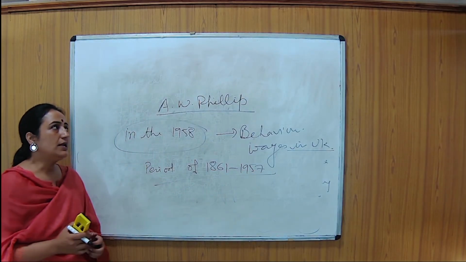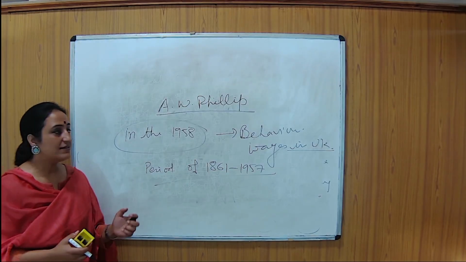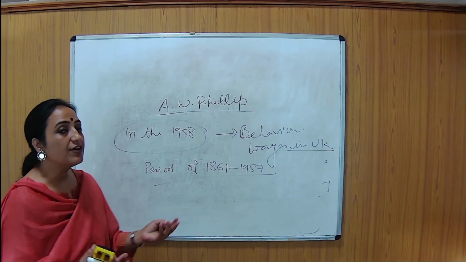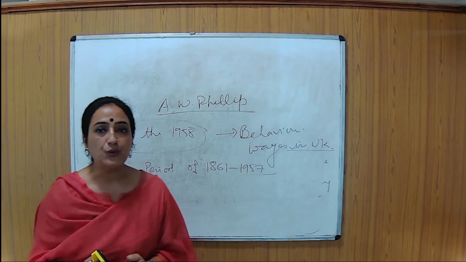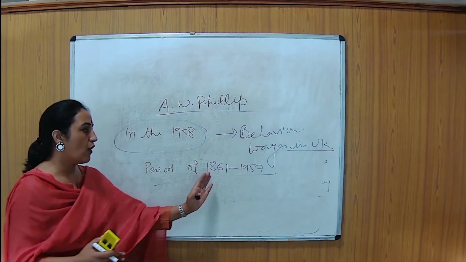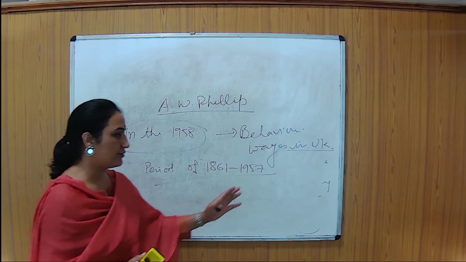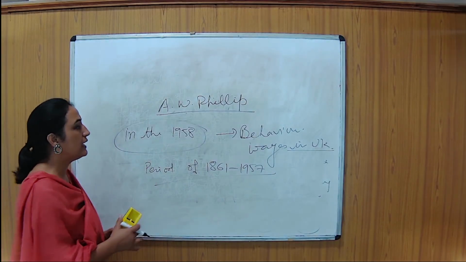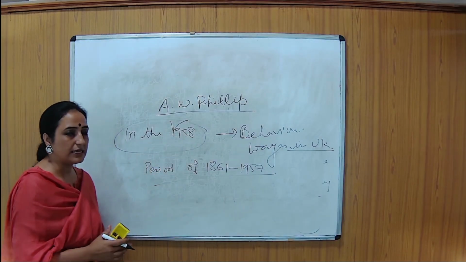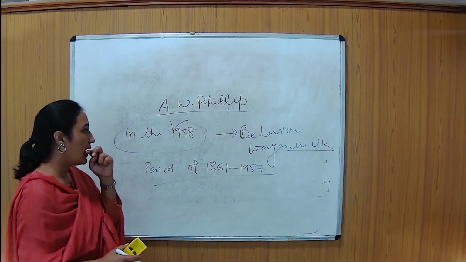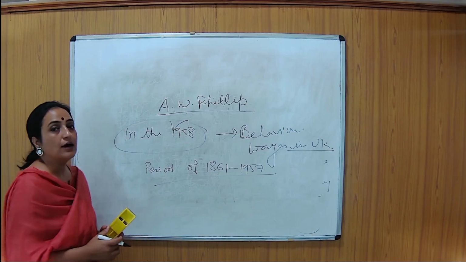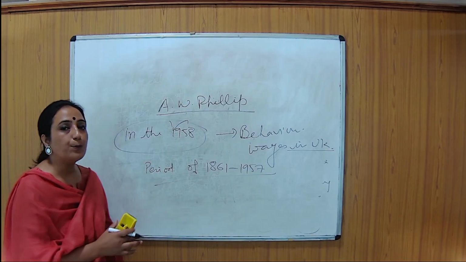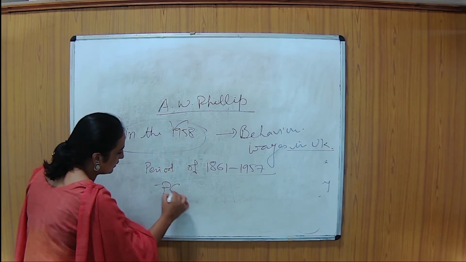Phillips studied the behavior of wages in the UK and published his detailed study in 1958, and he explained what he had studied with a curve that is called the Phillips curve.